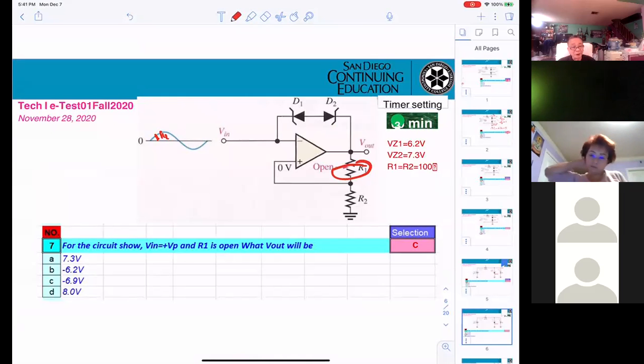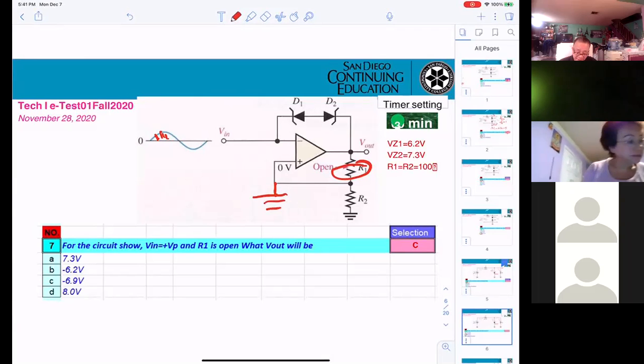Basically, now you have to deal with 2 things. First thing, the comparator. And the second thing, Zener. Now, if you open here, that will be ground. They go to R2, they go to ground.